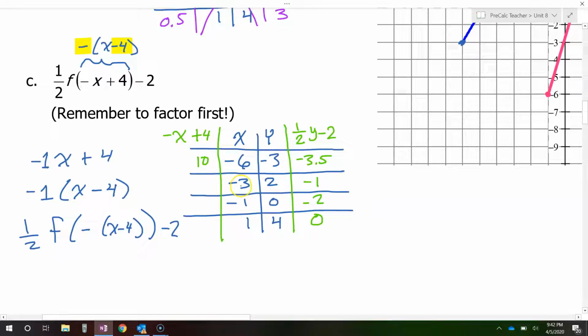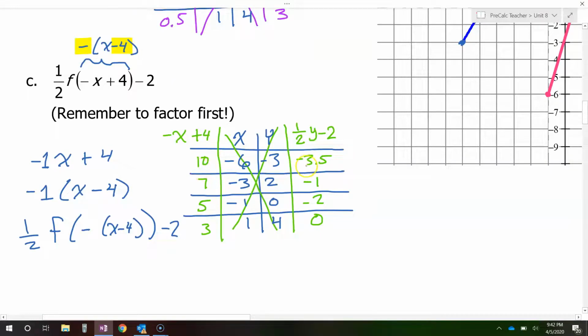The opposite of this is 3, plus 4 would be 7. The opposite of this is 1, plus 4 would be 5. The opposite of this is -1, plus 4 would be 3. So these are the new x and y values.